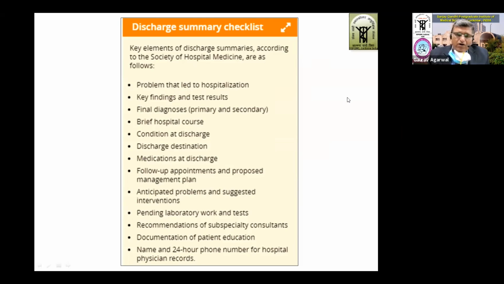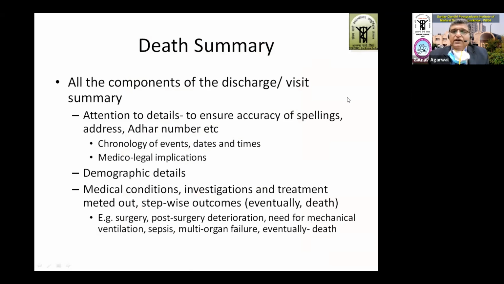All those things must be documented, and the name and 24-hour phone number for the hospital and the physician records, because the patient may require urgent care. The patient would also require follow-up care, and those things must always be listed here. So this is as far as the discharge summary is concerned.